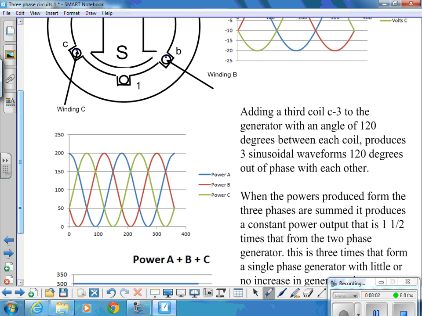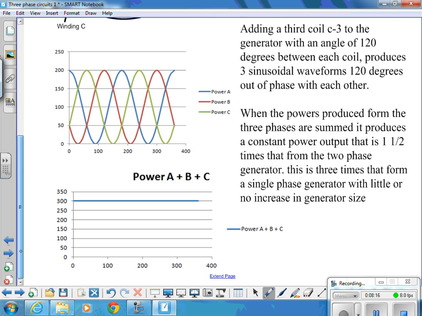What we get when we plot the power are three power curves, each pulsing twice for every cycle of their respective voltage sine waves. When we add all of those together, we get 1.5 times the power we got with the two-phase generator, but again with no discernible increase in the size of the actual generator.